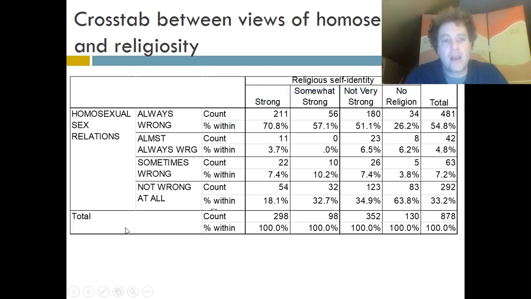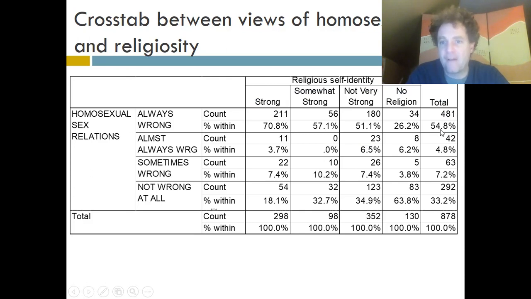On the left-hand column, we have the question about homosexual sex relations. Again, we see always wrong, almost always wrong, sometimes wrong, and not wrong at all. And we can see the total number of answers to these responses in the column all the way to the right, where it says total.